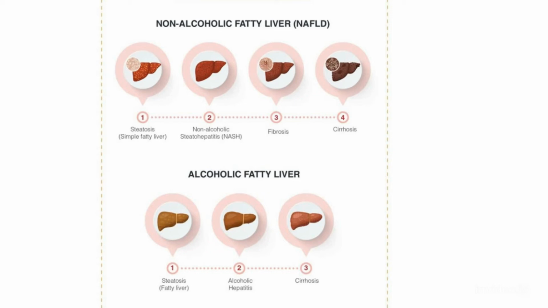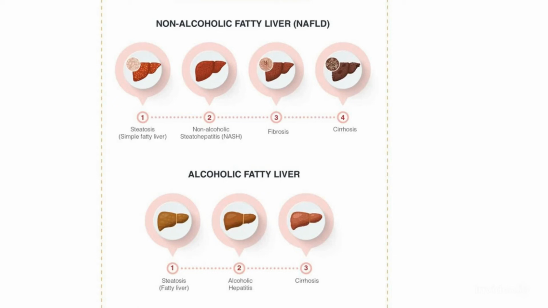Stage 2, non-alcoholic steatohepatitis, is the serious form of fatty liver disease and occurs if the liver becomes damaged, causing it to become inflamed. Stage 3, fibrosis, occurs when persistent inflammation causes scar tissue around the liver and nearby blood vessels, but the liver is still able to function normally.